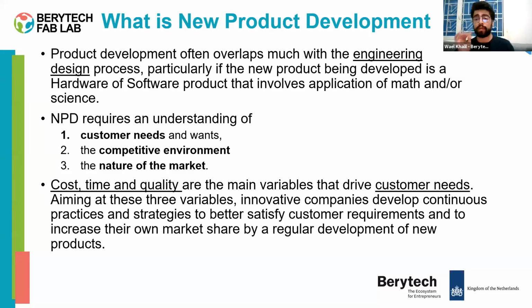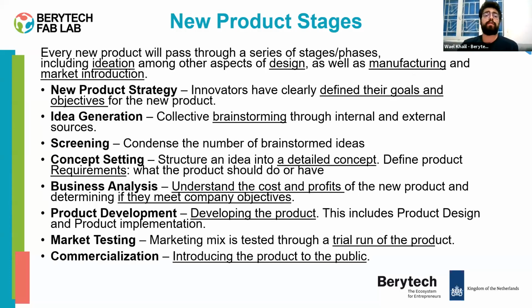So as we said, to develop a new product, we require an understanding of the customer needs, the competitive environment, and the nature of the market. When we want to develop a new product, we go through various stages. Those stages apply to mainly all products, software or hardware or whatever the new product is, but the details change.